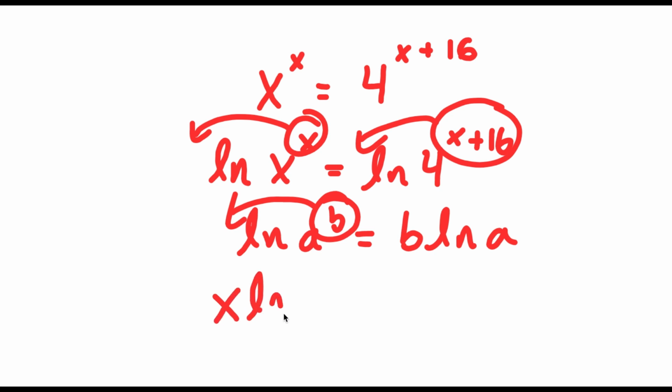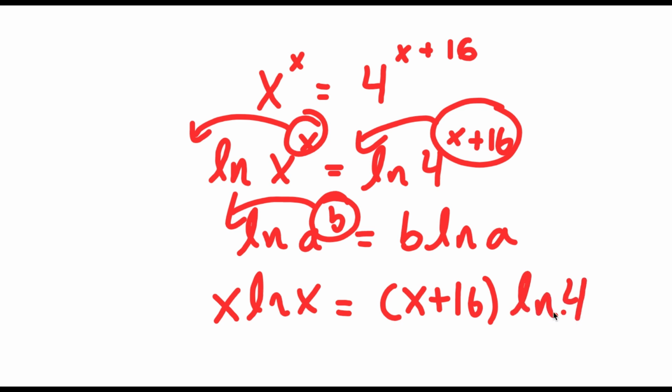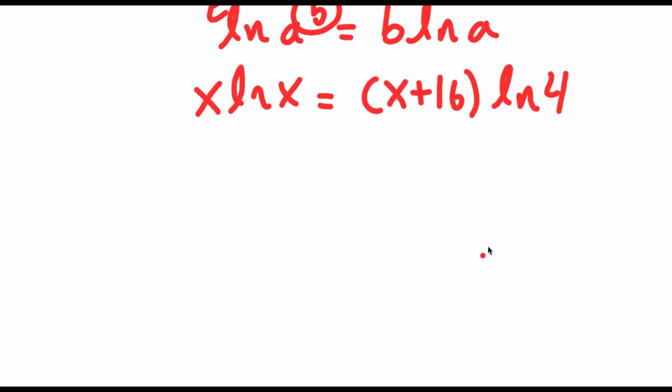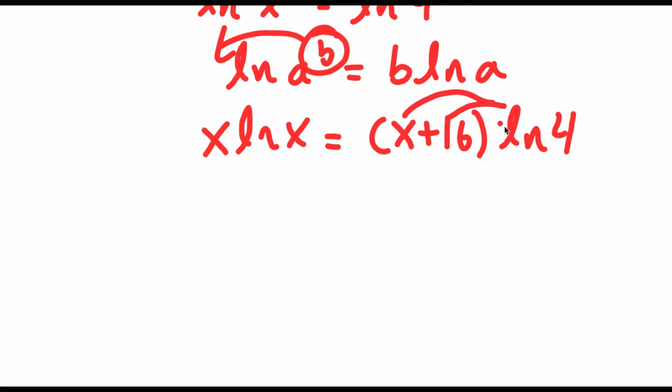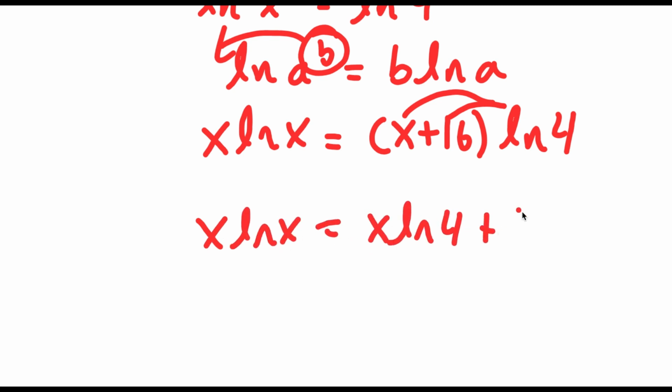So now I have x times ln x is equal to x plus 16 times ln 4. Now if I distribute the ln 4, I get x times ln x is equal to x ln 4 plus 16 times ln 4.